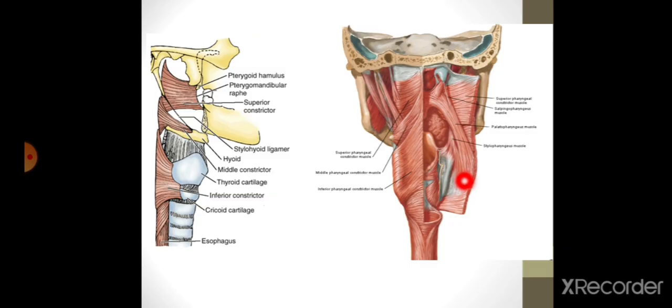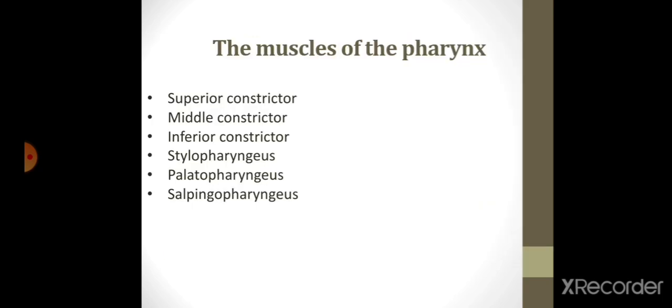The last one is stylopharyngeus. Stylopharyngeus originates from the skull. In the skull, there is a spine known as the styloid process. So it originates from the styloid process and is inserted in the side of the pharynx. It also elevates the pharynx. Okay.